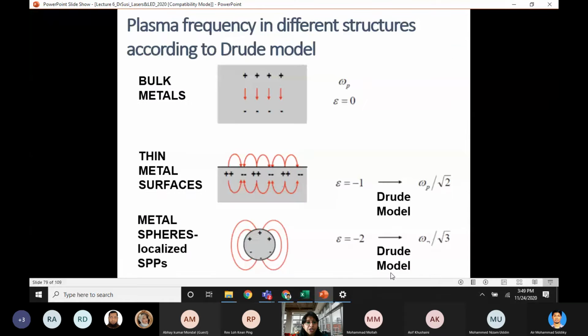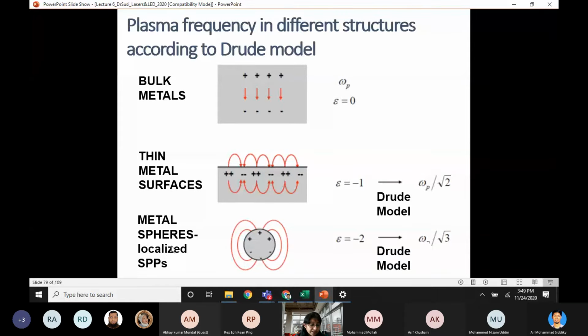Okay, so in bulk metals, the oscillation frequency is given by omega p, and the dielectric constant is 0. But at thin metal surfaces, this dielectric constant becomes -1, and if you use the Drude model to approximate, the oscillation frequency becomes omega p divided by the square root of 2.